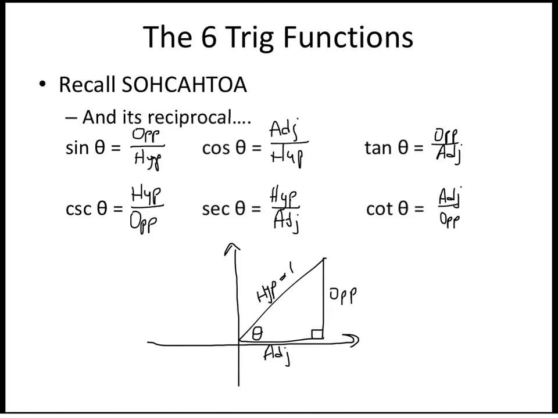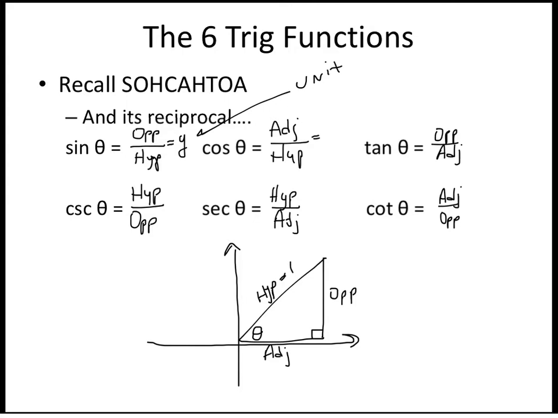Some y coordinate. Okay, so that's how we reconcile these two sets of functions. Okay, this second set is used for the unit circle. Okay, we're going to give you another set of functions that help you generalize this to any size triangle in the coordinate plane later on.